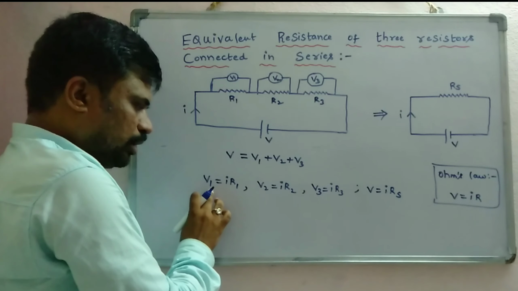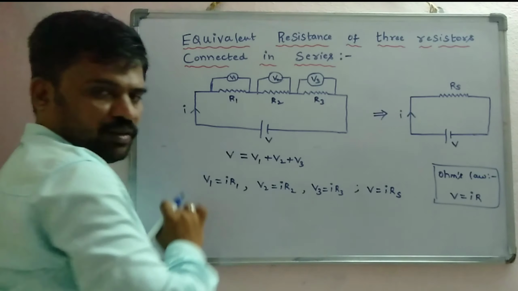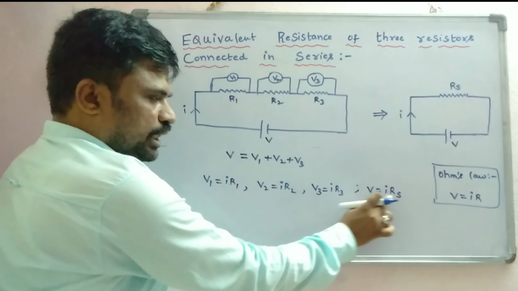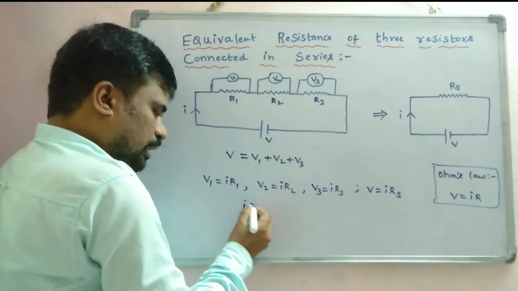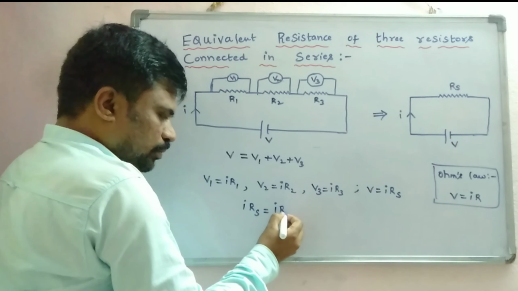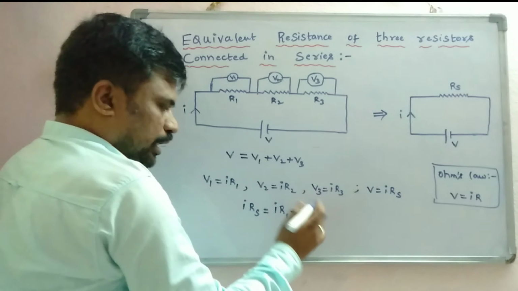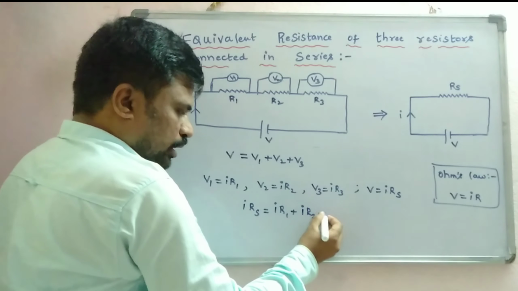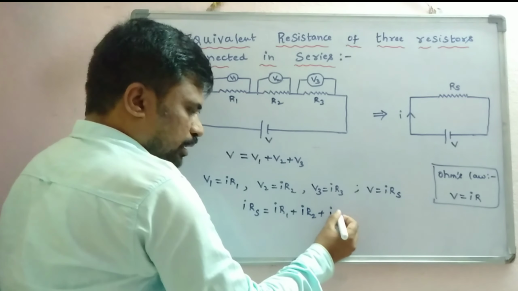Now substitute all these values in this equation. In place of V, I can write IRs. In place of V1, IR1. V2, IR2. And V3, IR3.